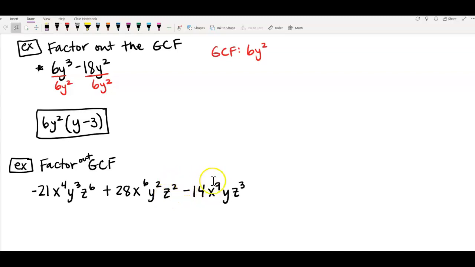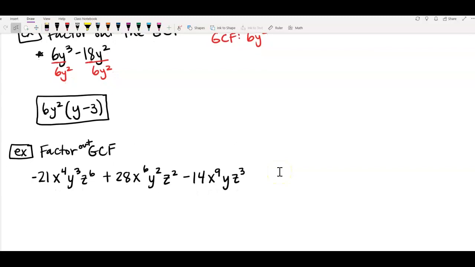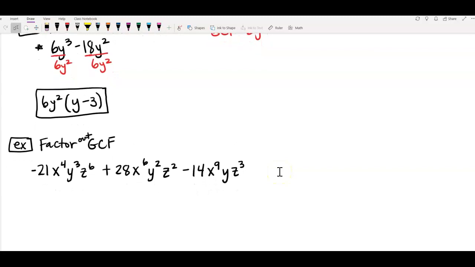So let me give you a couple minutes to think about what would your GCF be on this one. Okay, I'd like you to write that into the chat box, just what you came up with for your GCF.